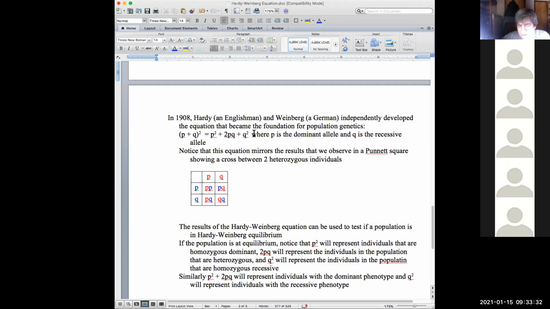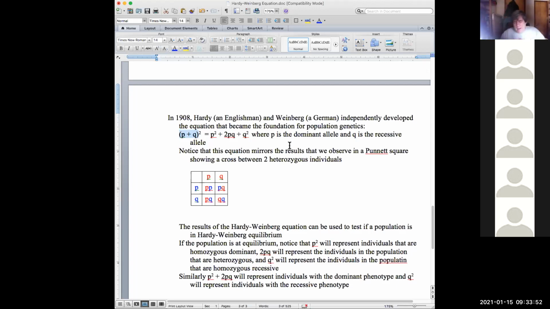And what they looked at was the fact that, let's take two variables, think of this like an algebra equation. Let's take p plus q and let's square that. And if we do, our result is p squared plus 2pq plus q squared.